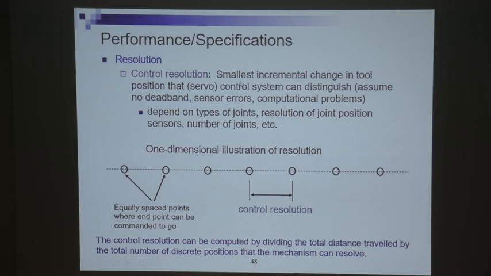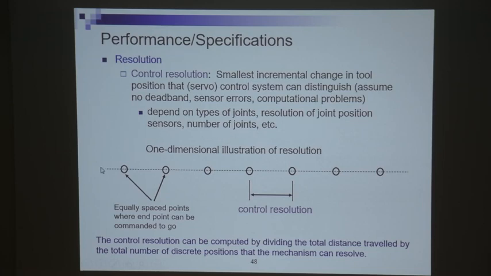A control resolution refers to the smallest incremental change in tool position that the control system can distinguish. So you assume no dead band, sensor error, computational problem, and all those things. Basically, it only depends on the type of joint, resolution of joint position sensor, and number of joints.